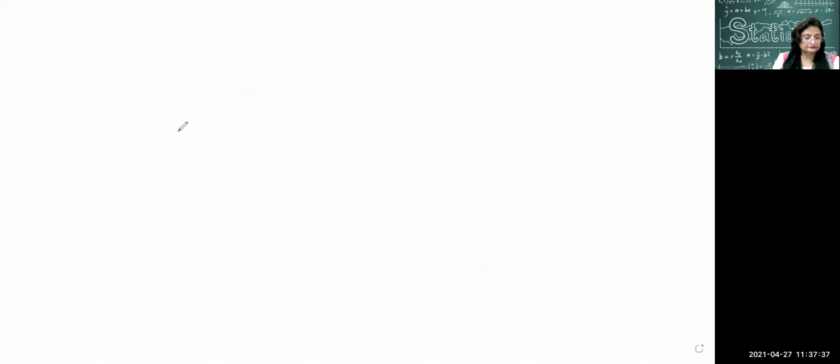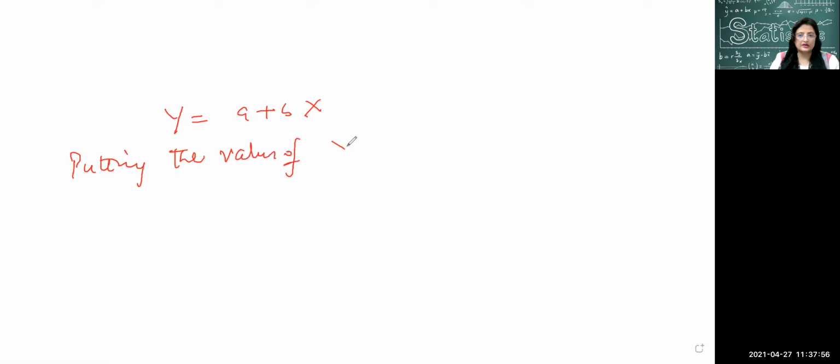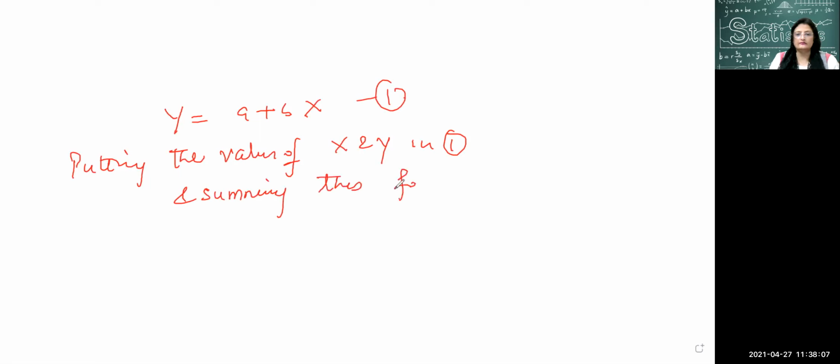Now you have the equation y is equal to a plus bx. What are the values of y, y1 y2 yn, what are the values of x, x1 x2 xn, all the values we will sum up. So you will write putting the values of x and y in one and summing this for n.